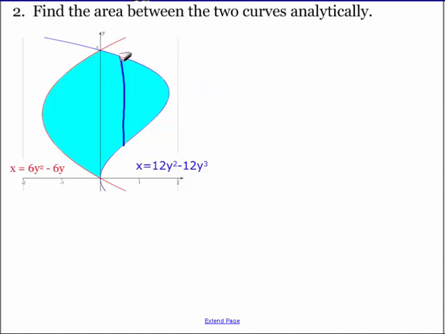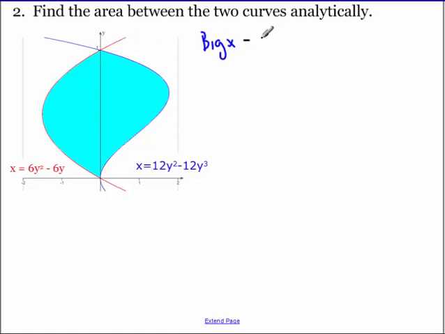which means our equations need to be in terms of y, which means what we have to think here is we have to think of big X minus little x. Now, which one's the bigger? Think about it. Big X minus small x.